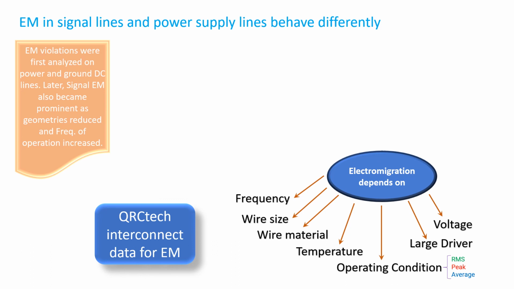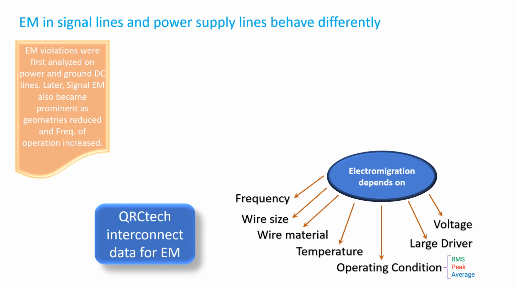If there is any change in the wire material, that should be done at the fab level, and most of the time the designer will not have that flexibility. Temperature is one more condition: if we can handle it architecturally, the EM violations will reduce. Sometimes if you reduce the large driver feeding the interconnect, EM violations will also reduce.